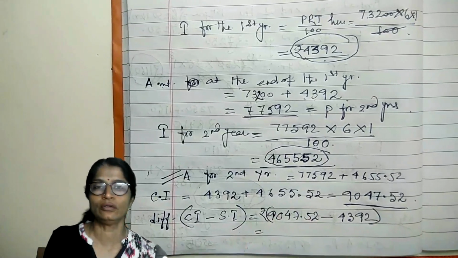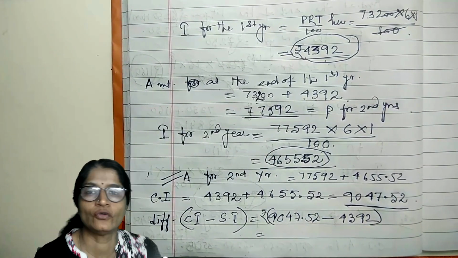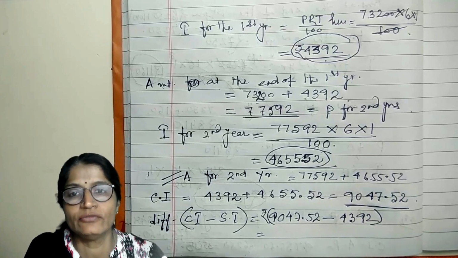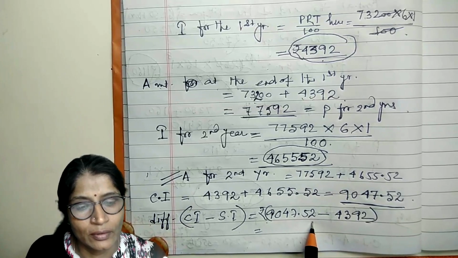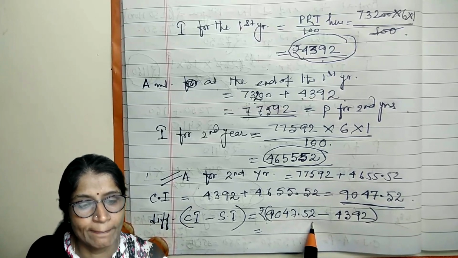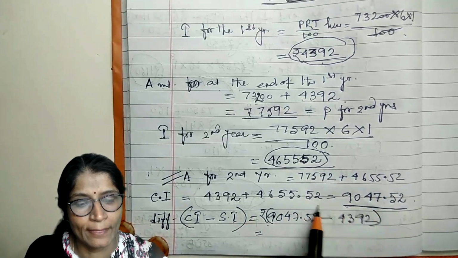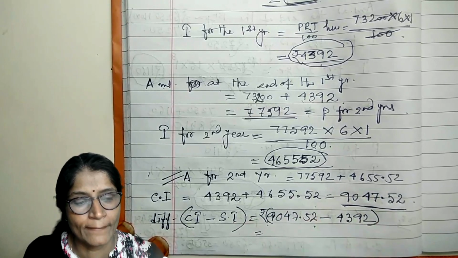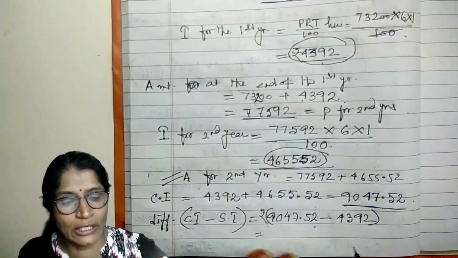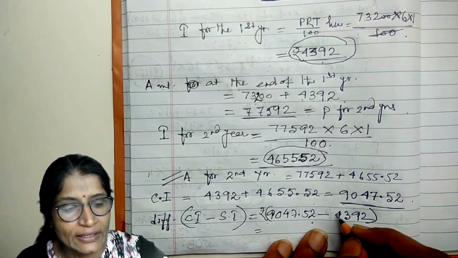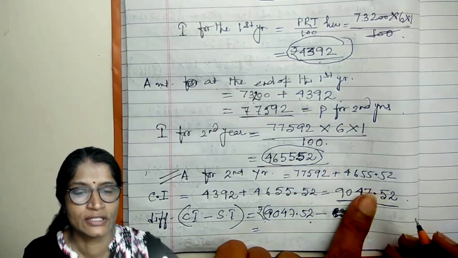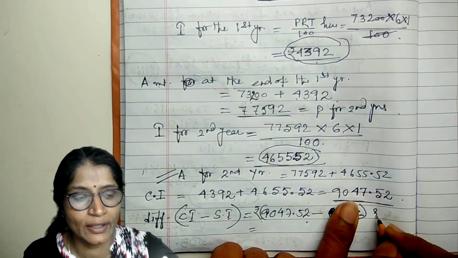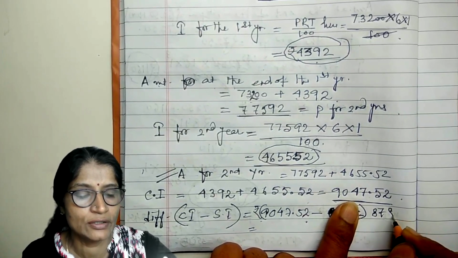Okay, so 9047.52. Sorry, the simple interest was 8784.